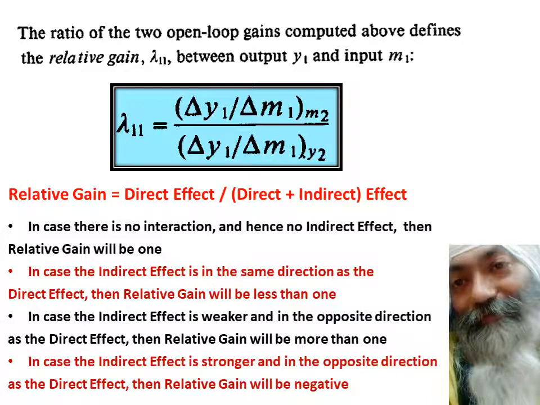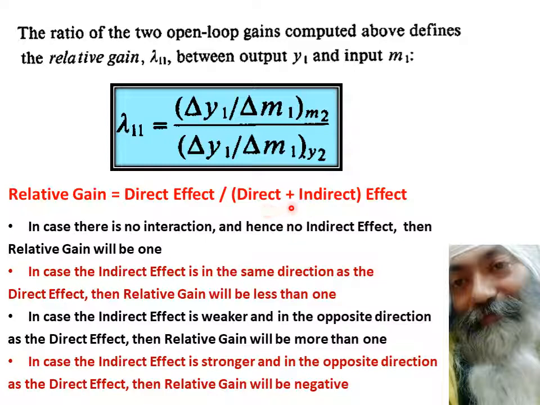And the worst case is that this indirect effect is very strong as compared to direct. It is stronger and it is in the opposite direction. So if you add something negative to something which is positive and the negative thing is more than positive, the sum of two will be negative. It means that this ratio will become negative.